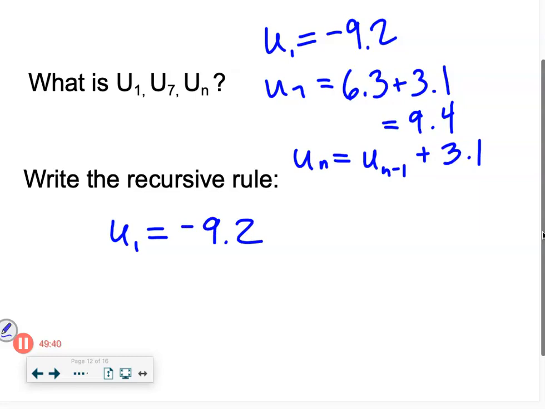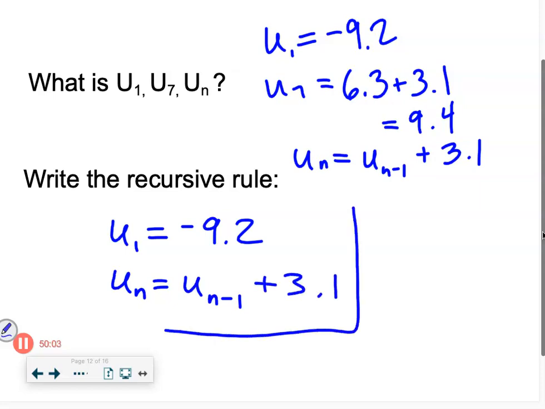She can do this, right? Okay. And then, Grace, what's the other part I need for the rule? Let her, give her a chance to shine, right? Okay. u sub n minus 1 plus 3.1. That was beautiful. Well done, right? Okay, do you all have both of these down for your rule? Yes? All right, good.